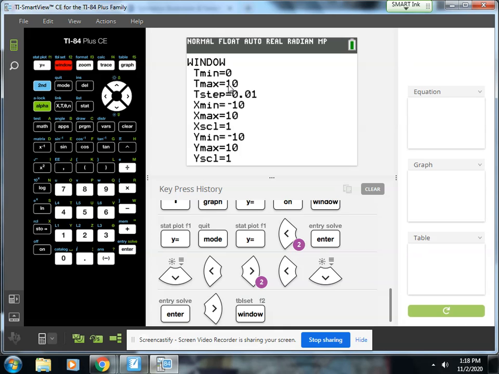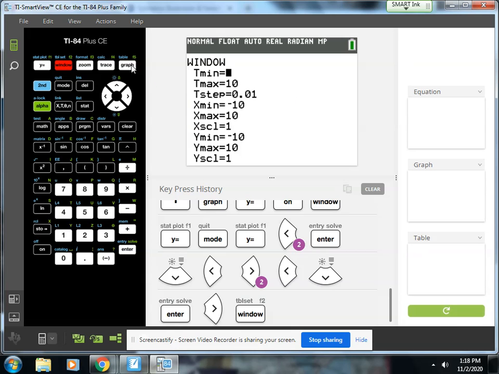I went ahead and did 10, and actually this is almost too long because the values would get very huge if your t is equal to 10. Your t step, I went ahead and set this to be 0.01. I think I had it set to 0.05 before, but by making it a smaller number, it actually slows down the drawing process. And you'll see, I'll go back and compare the 0.01 to the 0.05, and you guys can see the difference between those.